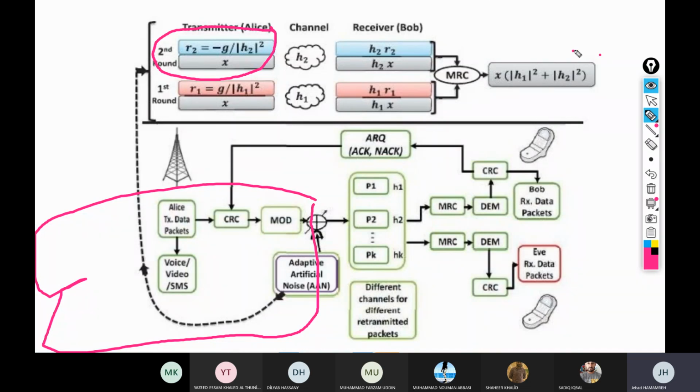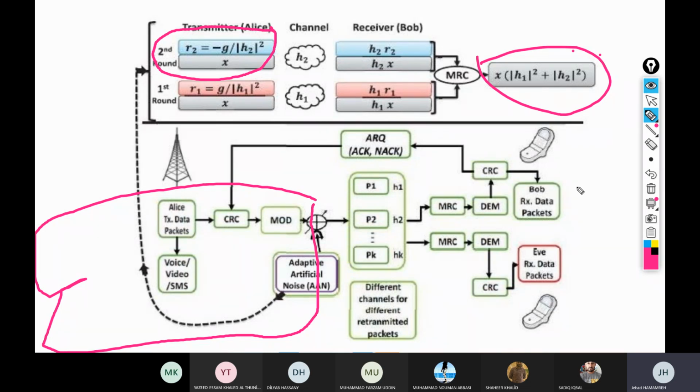This is the pure data signal without any interference coming from R1 or R2. This is the system from the base station to the receivers and how the process works. It is one of the good techniques that can provide a really good security level.